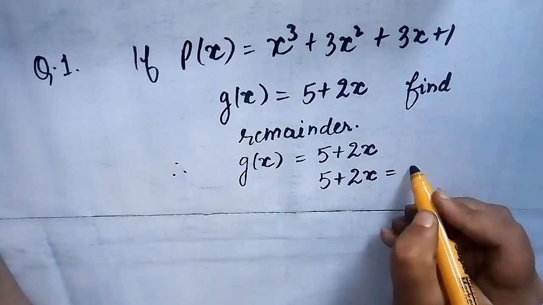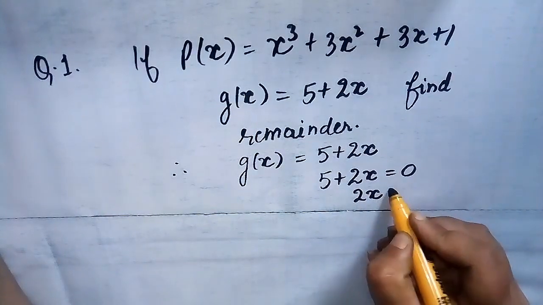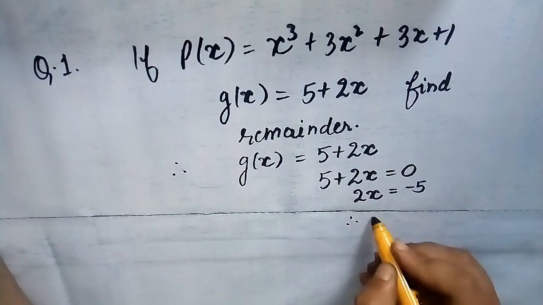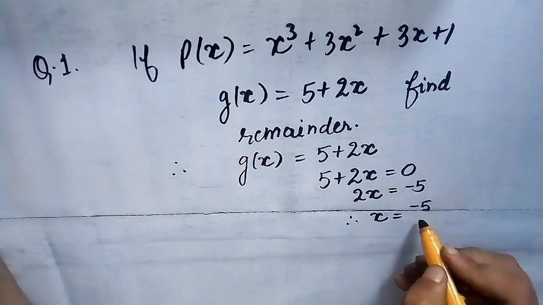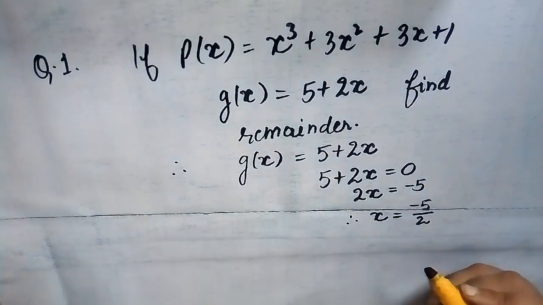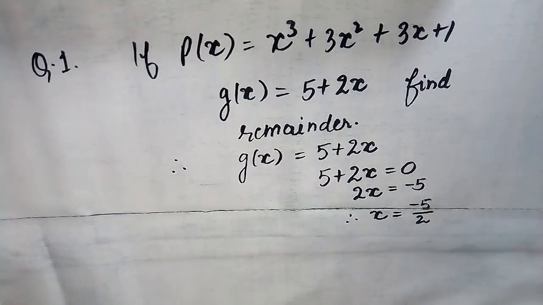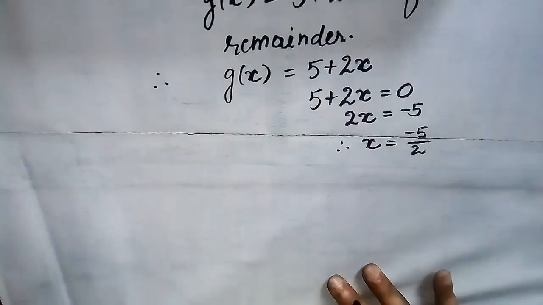Put 5 plus 2x equals 0 and find the value of x. So take 5 to the right side, it will become negative, and x will be minus 5 upon 2. Now according to the remainder theorem, we have to replace this value of x in our polynomial, that is p(x).